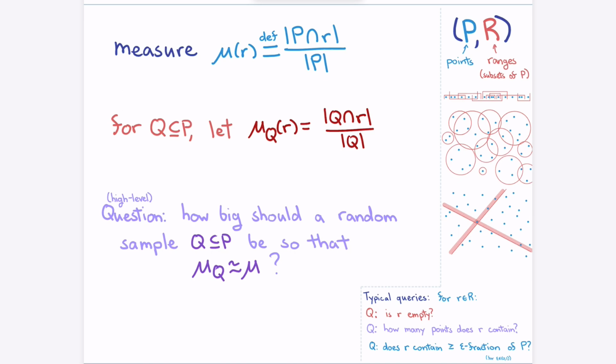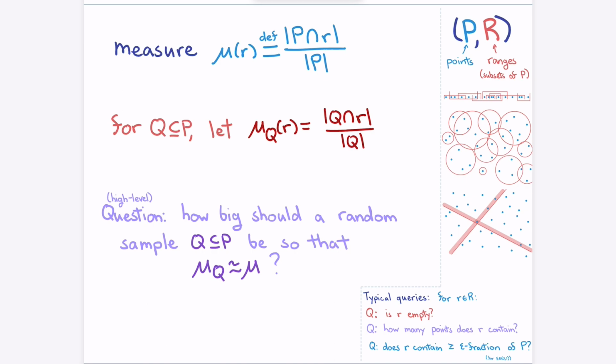If P is originally all the data samples ever in the world, or this could easily be an infinite thing, so it's a distribution of data, and Q is your finite sample of training data, you want to make sure that every half space looks roughly the same. So the good half space classifiers still look like good half space classifiers on your smaller sample.